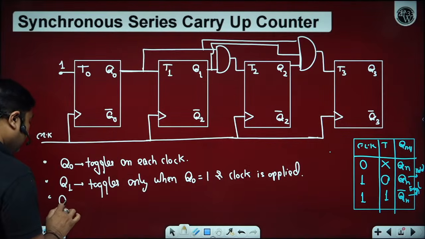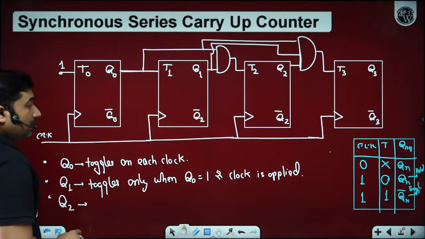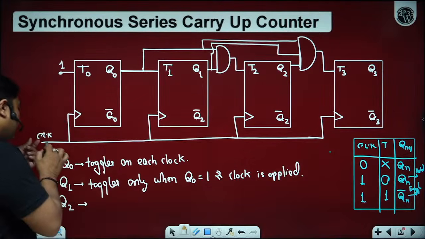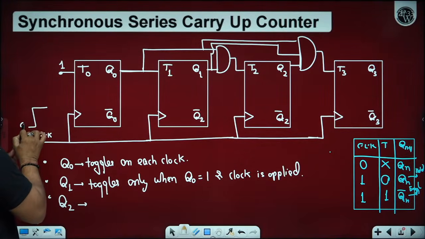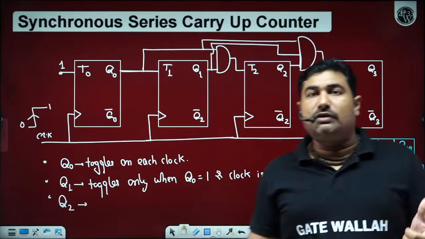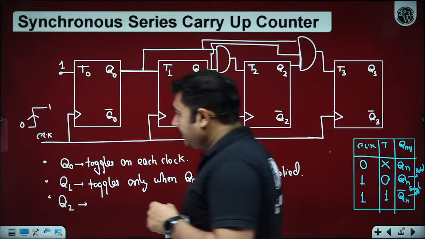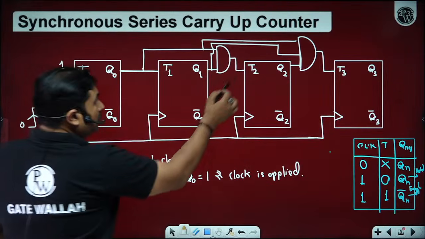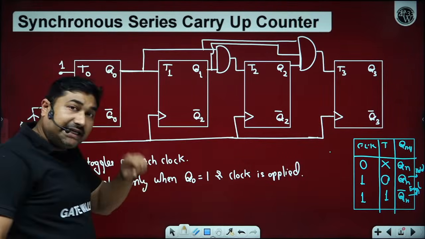If we talk about Q2, clock applied, clock is edge triggered. It means whenever there is a transition of the clock from 0 to 1. Clock applied means the transition of the clock from 0 to 1. Is it okay? Yes sir. Q2 toggles only when T2 is 1.